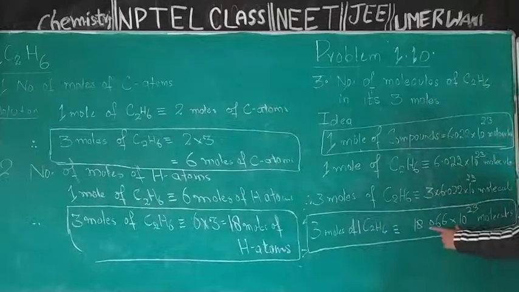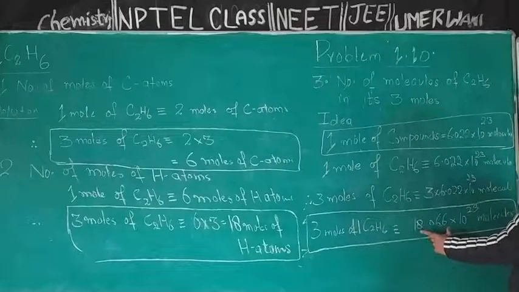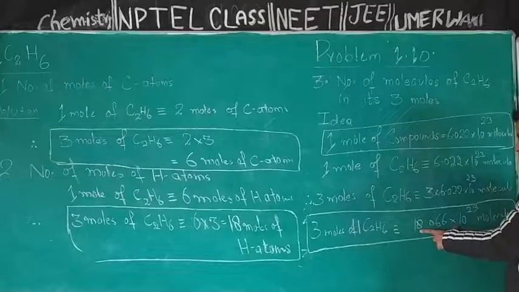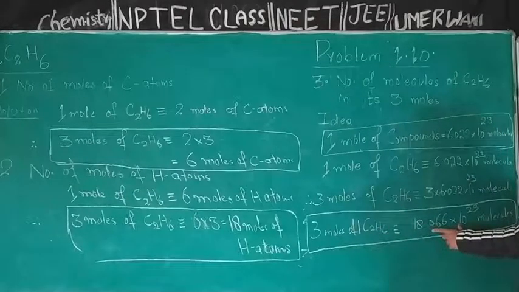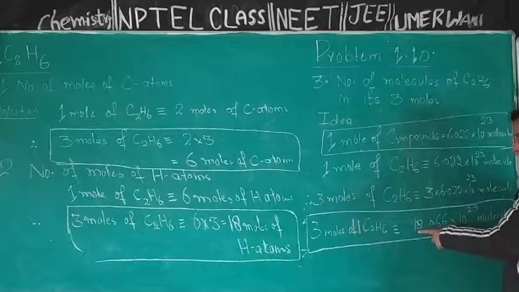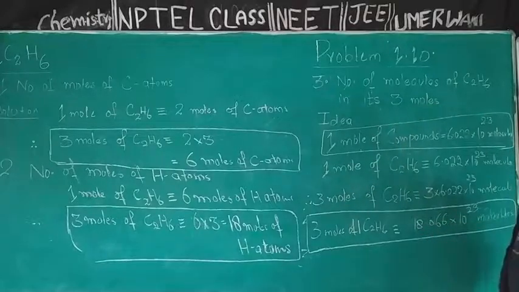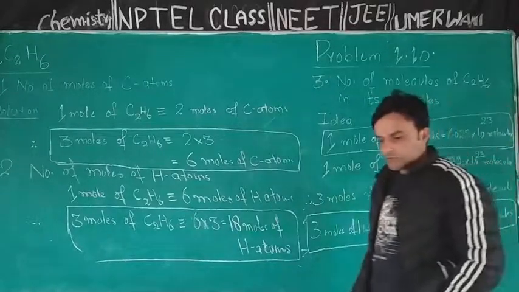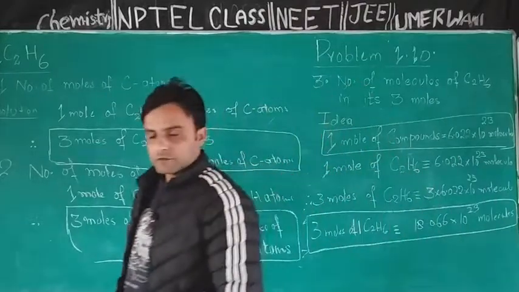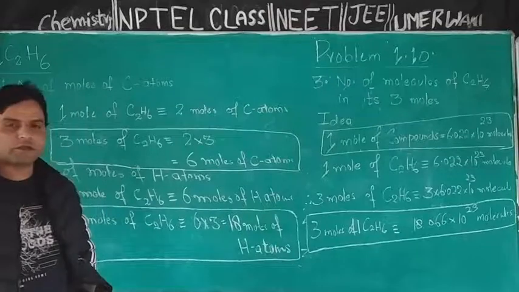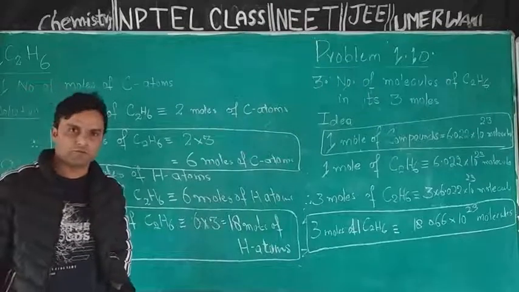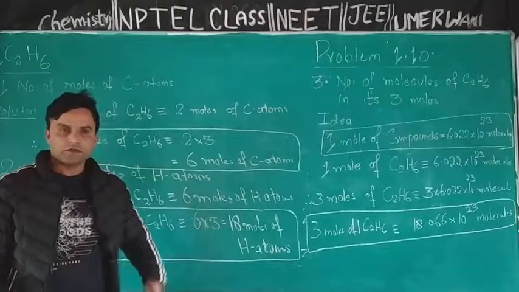So for carbon atoms, multiply 18 into 10 raised power 23 by 2, and for hydrogen atoms, multiply it by 6.